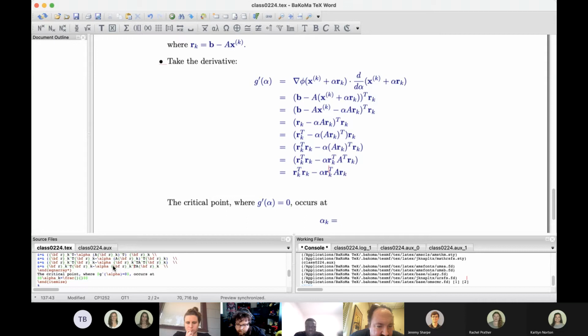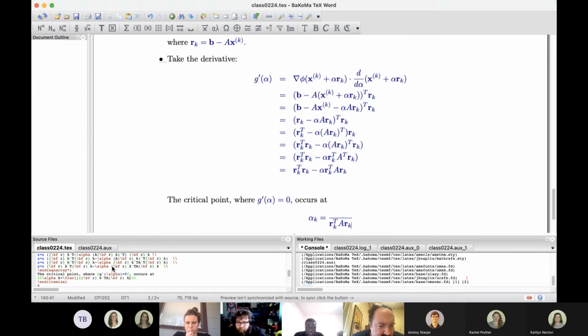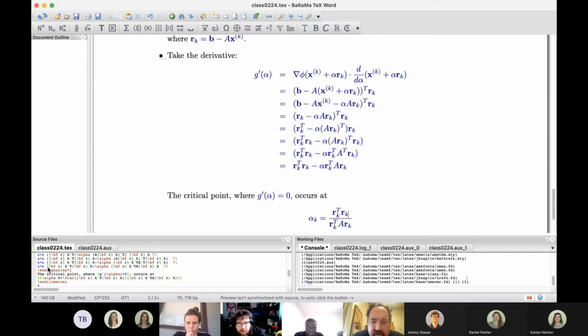So I have this in the denominator and this in the numerator.